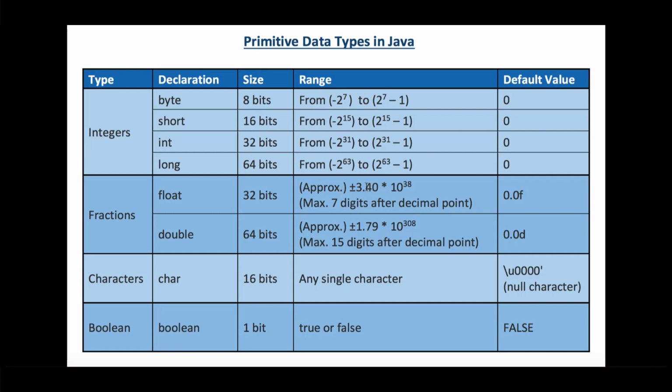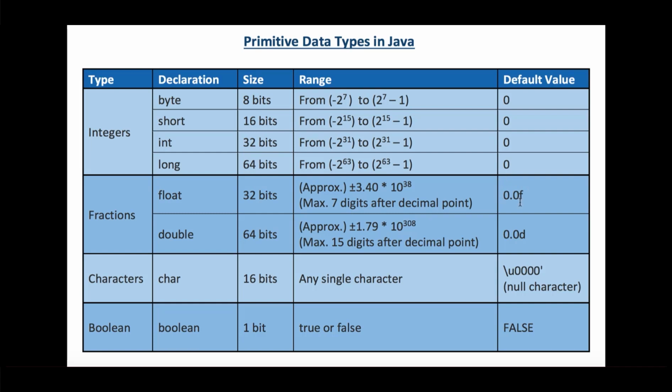For float, it is plus minus 3.40 into 10 raised to 38, which is pretty big number. And for double, it is 1.79 into 10 raised to 308. It's kind of very big. Float can have up to 7 digits after decimal point, and double can have up to 15 digits after decimal point. So both of them store pretty big numbers.